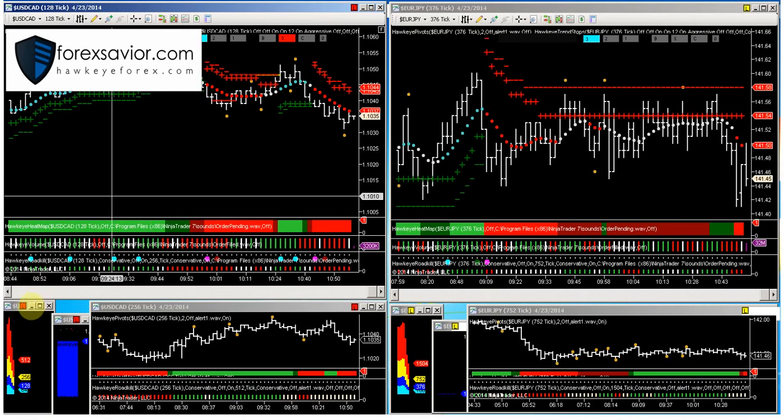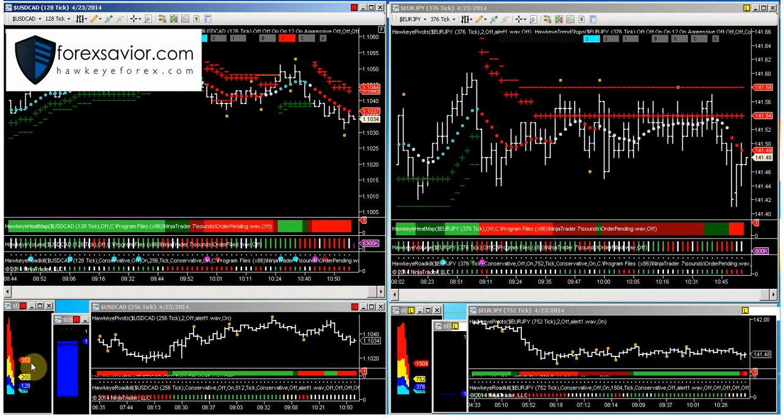You can see in the bottom left corner, on the far left, something called the gearbox, and then to the right of that is a gear changer. What the gearbox does, it tells us the appropriate tick speeds, tick chart sizes, depending on the speed of the market, and the algorithm calculates these every day for that pair.